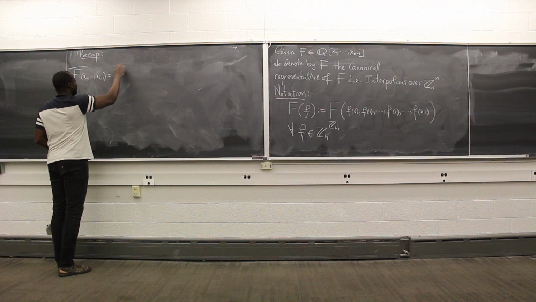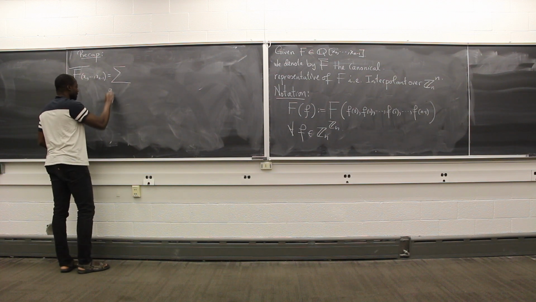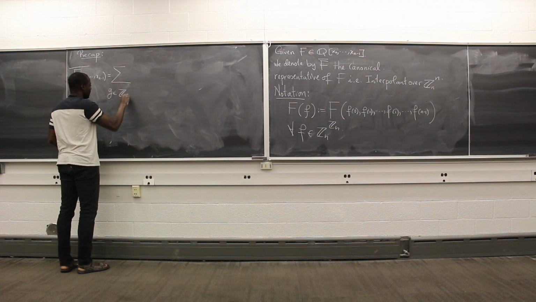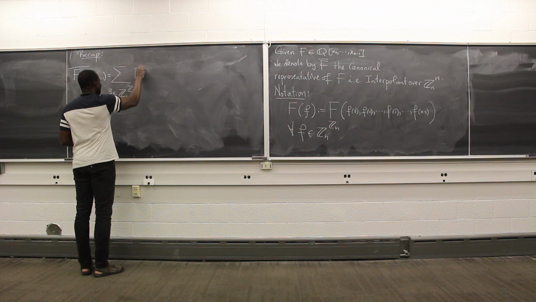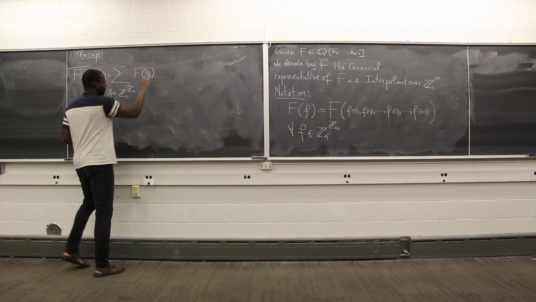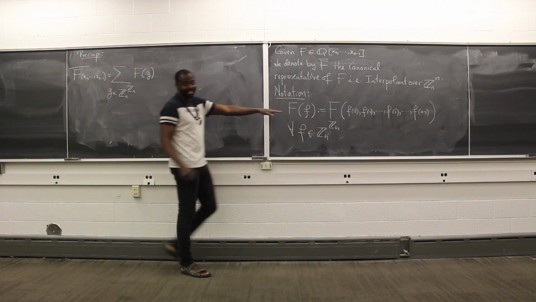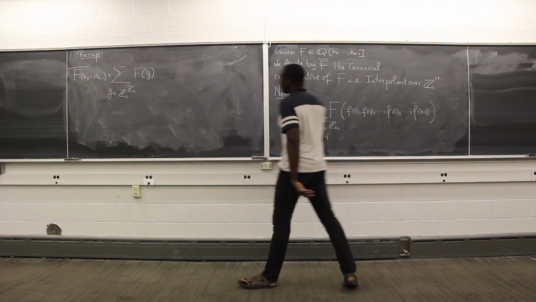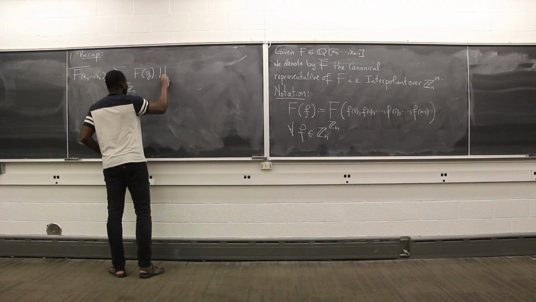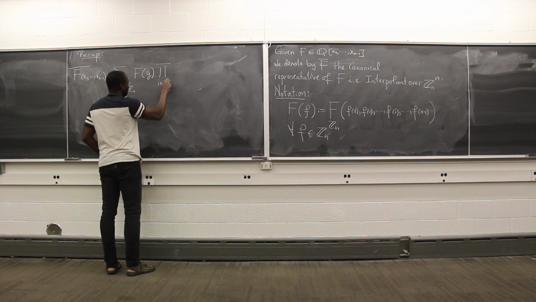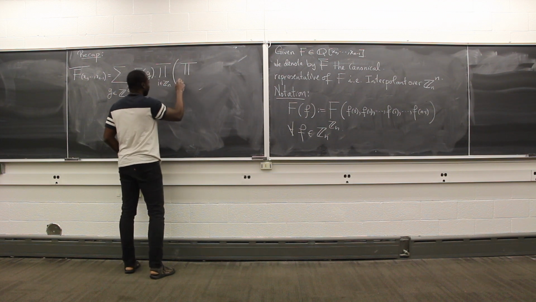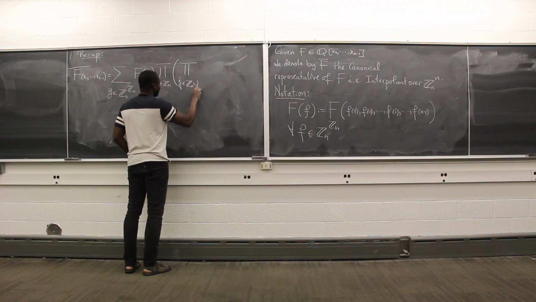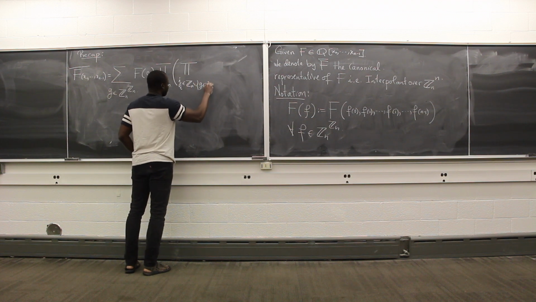And the canonical representative can be written as the sum over g in Zn to the Zn of evaluations of f at g, and evaluation is meant in this sense, times the product over i in Zn, product over j subscript i in Zn minus j of i.